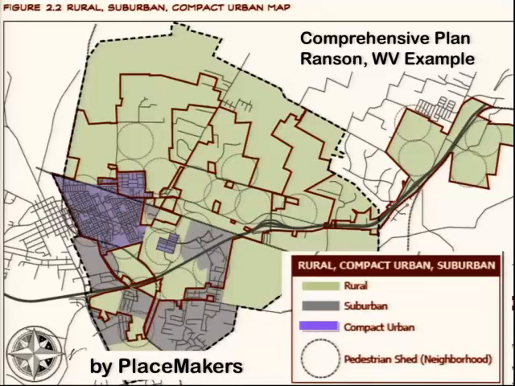Ranson, West Virginia. You see the rural indicated here as the light green, the suburban as the darker shade, and then the compact urban. We did this with Placemakers in Ranson, West Virginia, and that's their compact urban designated on the comprehensive plan. And then that went right into the form-based code.